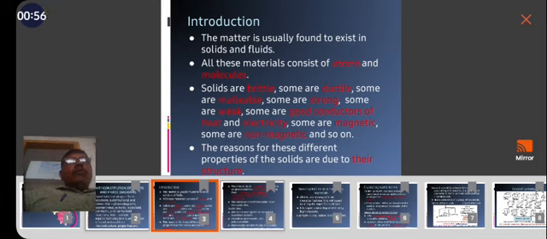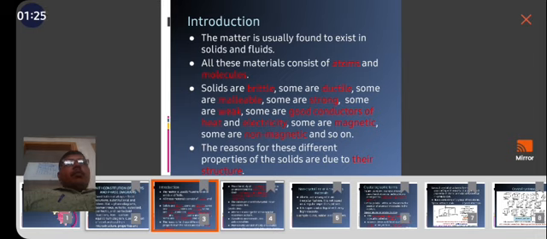We know all these materials consist of atoms and molecules. Solids are brittle, some are ductile, some are malleable, some are strong, some are weak, some are good conductors of heat and electricity, some are magnetic, some are non-magnetic, and so on.